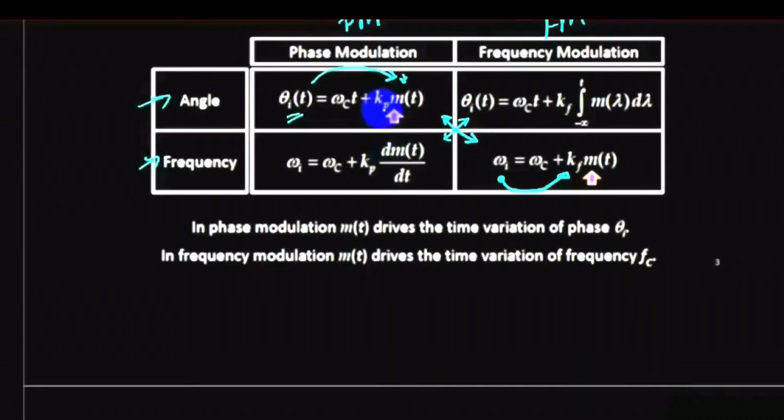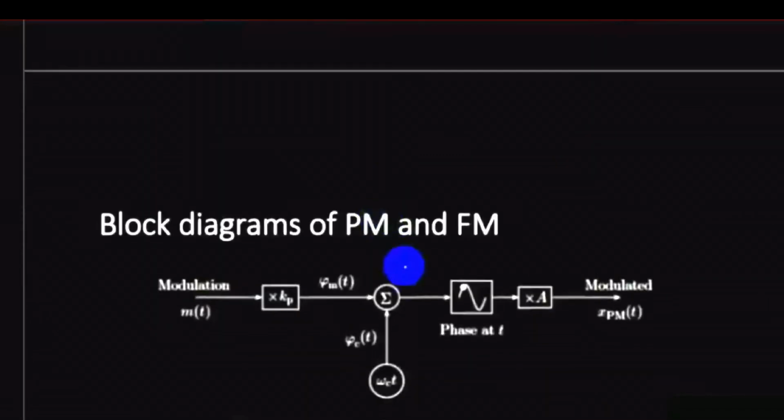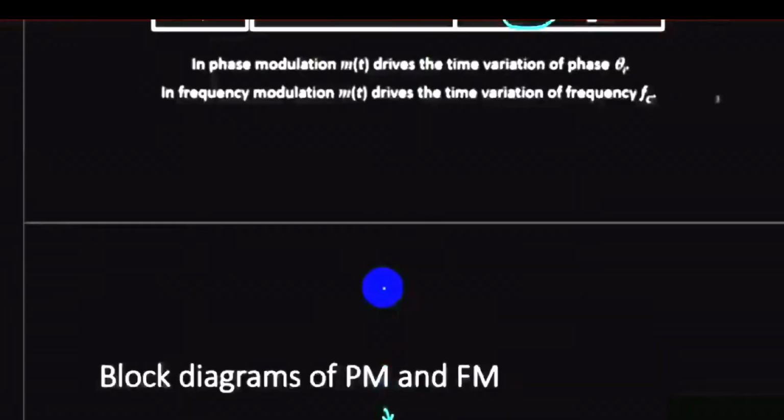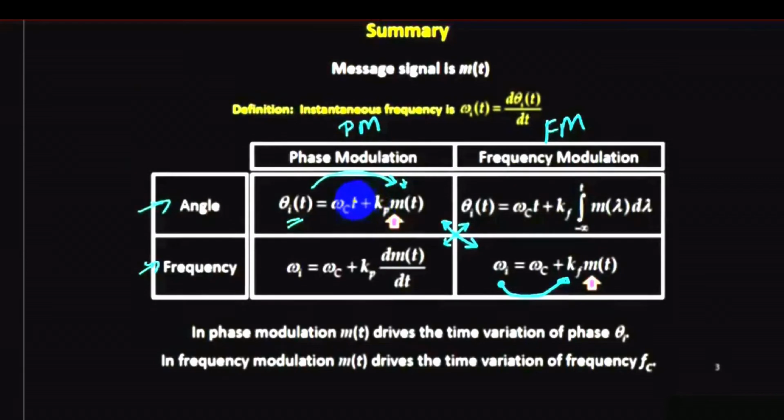Next, this whole thing is then summed up with the carrier omega c. This omega c is coming from an oscillator. So over here we have omega ct and we have that summation block over here. So once we add them up, then we get this angle theta i of t.